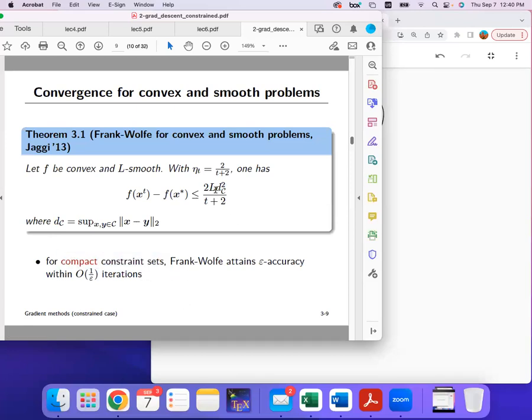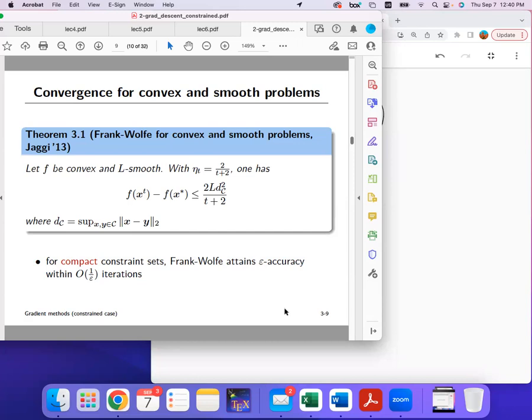And because the convergence rate is roughly 1 over t, this algorithm can achieve epsilon accuracy within roughly 1 over epsilon iterations. This is very similar to the performance of gradient descent applied to convex and smooth problems that we discussed in the previous lecture.